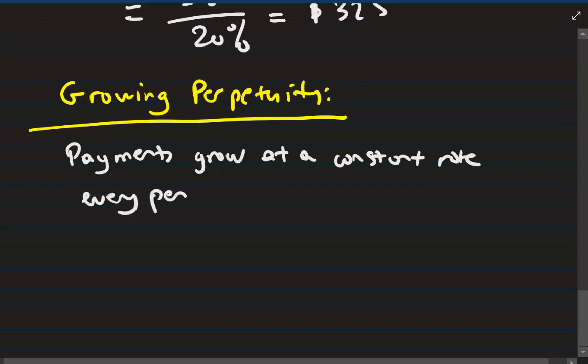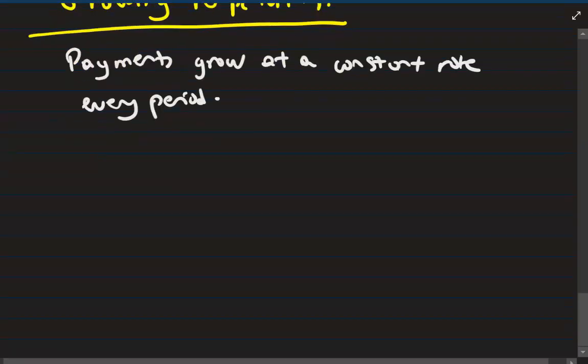Let's consider a perpetuity where initial payment is $100. And we're going to use G as the annual, periodic growth rate.